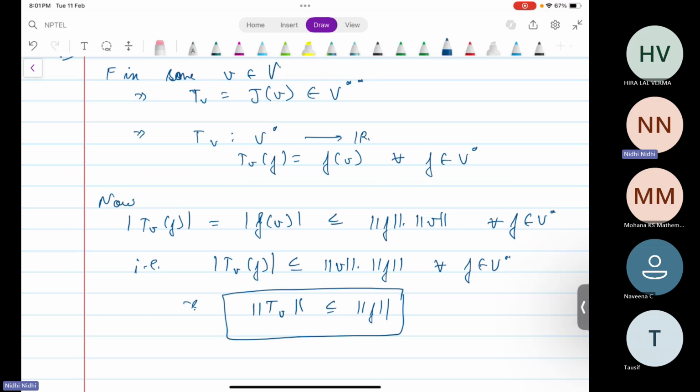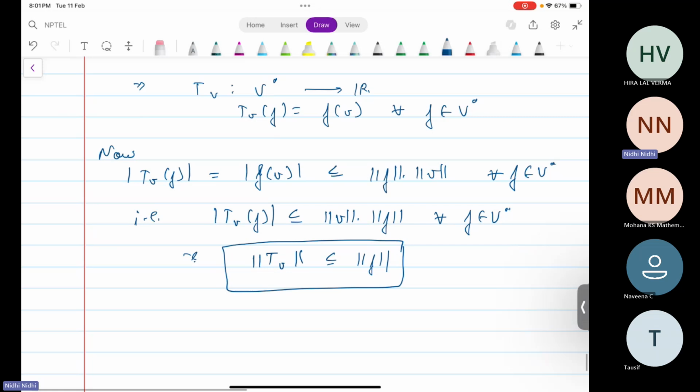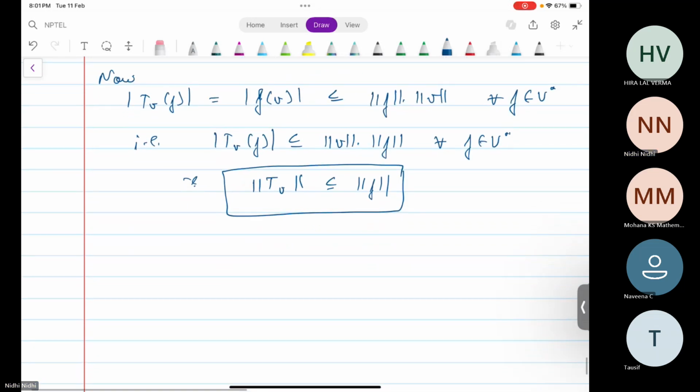Now, if we could find some specific functional F in V star such that the bound is attained, then norm TV would be equal to norm V. If you remember, there were some corollaries and results based on the Hahn Banach theorem.